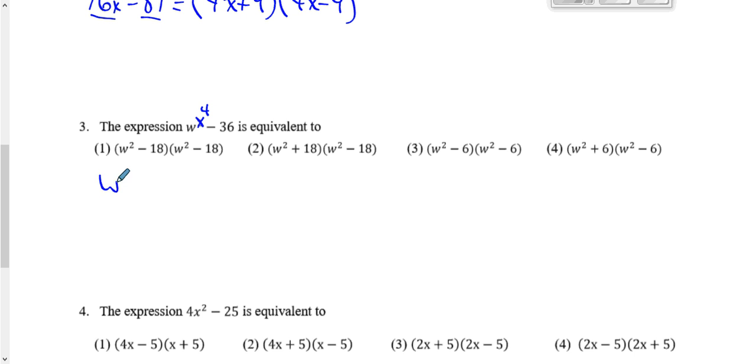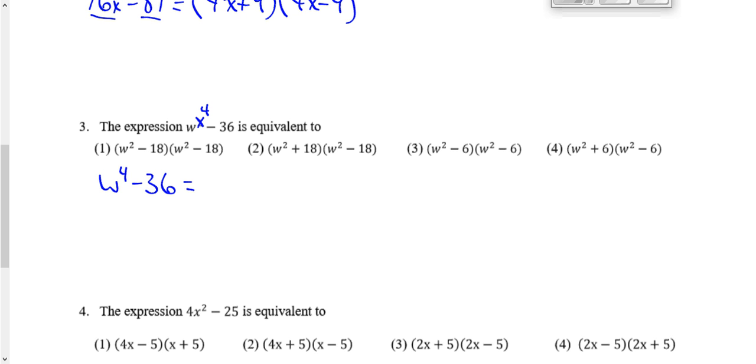So this w to the 4th minus 36 will equal something. What's your answer, Serenity? Number 3. Serenity says 4. Oh, now you say 4? You guys agree with her? You sure? Are you sure it's 4? Let's find out.